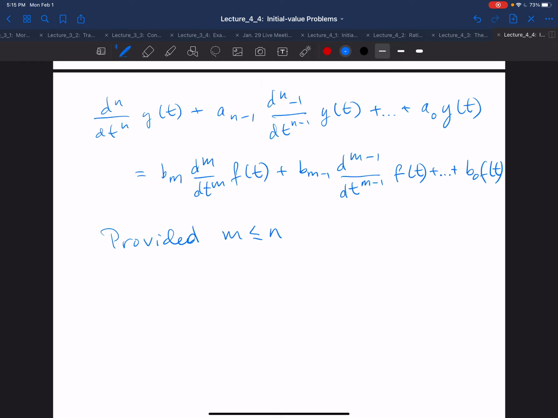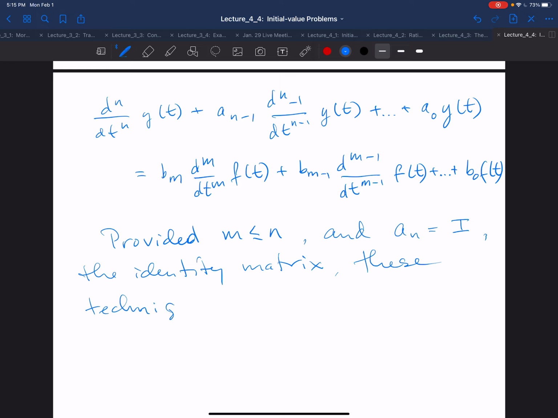So provided m is less than or equal to n, and a_n equals, let's say, I, the identity matrix, our Laplace transform techniques extend to coupled systems of equations.